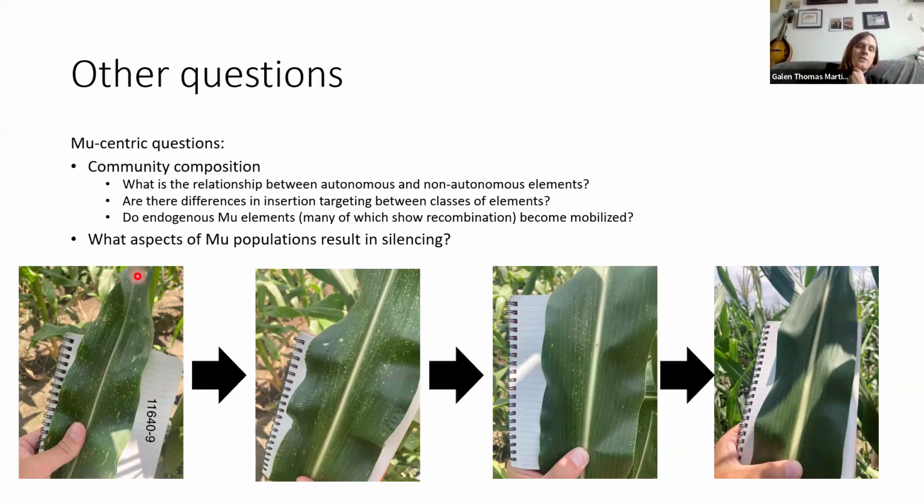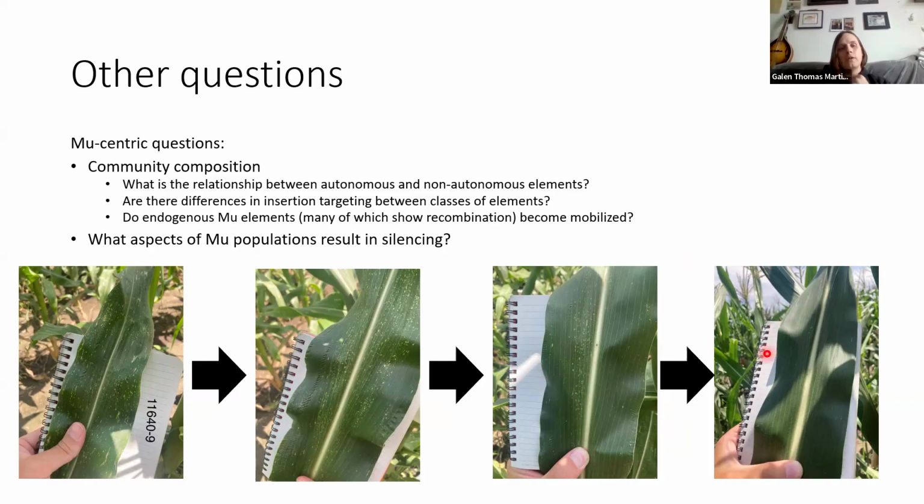So you can see that in this particular leaf, mu was very active. There are a ton of lesions all over the leaf. And then if you go up the plant, leaf by leaf, so you can imagine this is looking at the leaf at the bottom, the next leaf up, and the next leaf up, you can see in sectors that there's this spontaneous silencing of the mu system as you go up the plant.